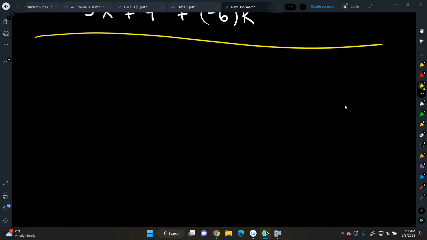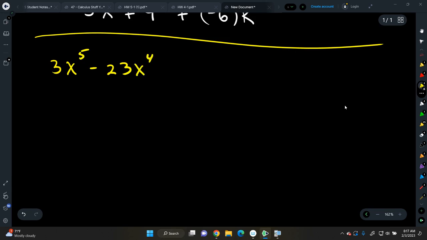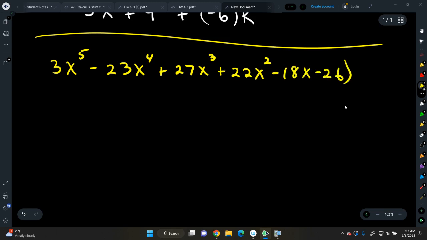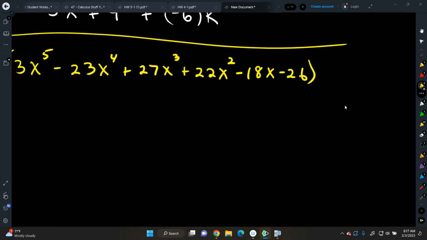Okay, let's do 3x to the 5th minus 23x to the 4th plus 27x to the 3rd plus 22x squared minus 18x minus 26 divided by x minus 6.